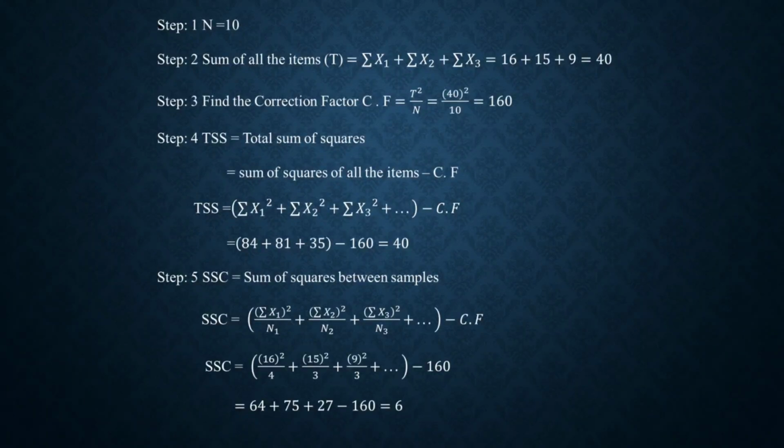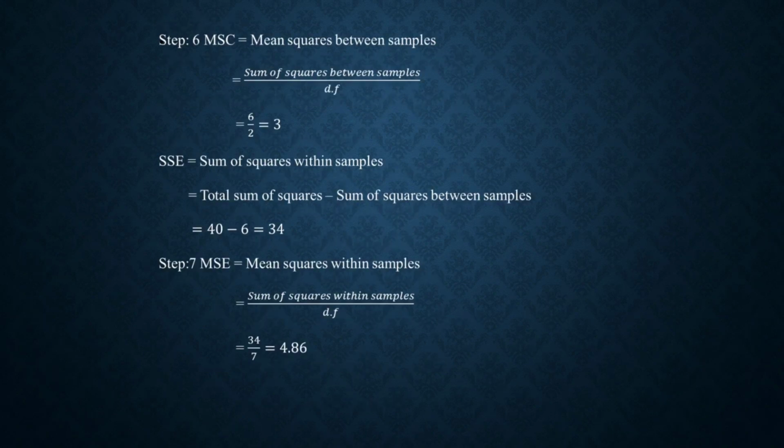Step 5 is to calculate SSC, which is equal to sigma x1 the whole square by n1 plus sigma x2 the whole square by n2 plus sigma x3 the whole square by n3 plus etc., minus correction factor. By substituting the known values, we have SSC value as 6. Next step is to find MSC, that is mean square between samples. The answer is 3.